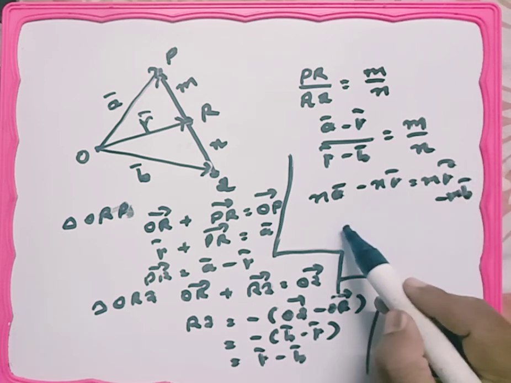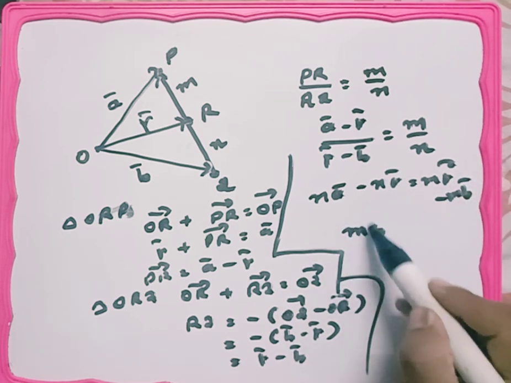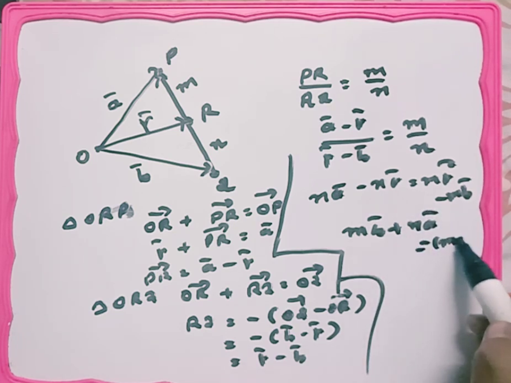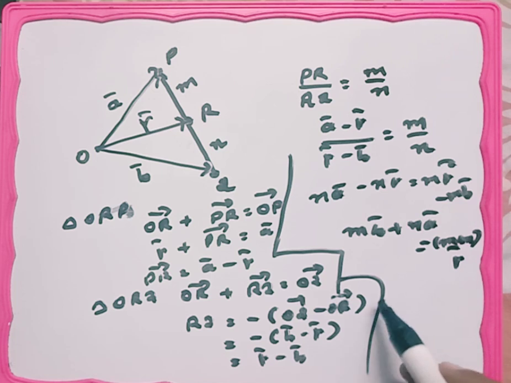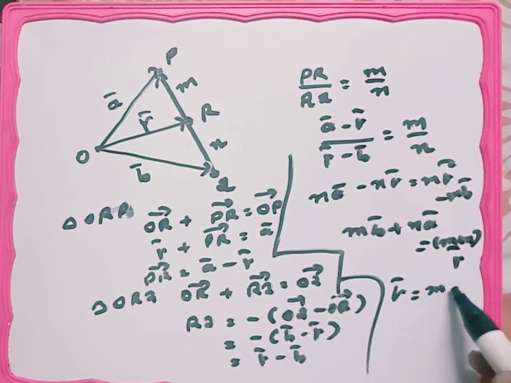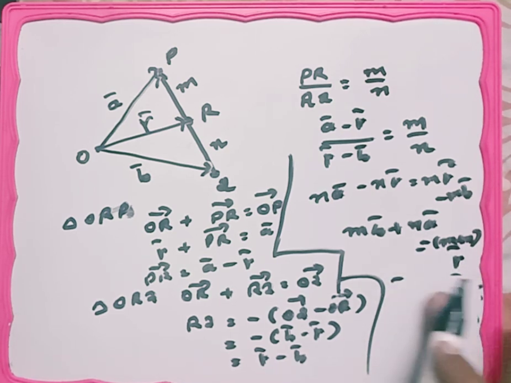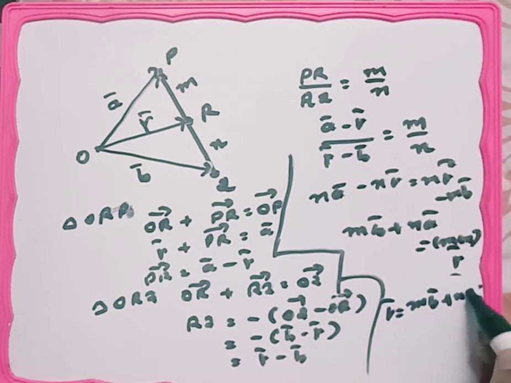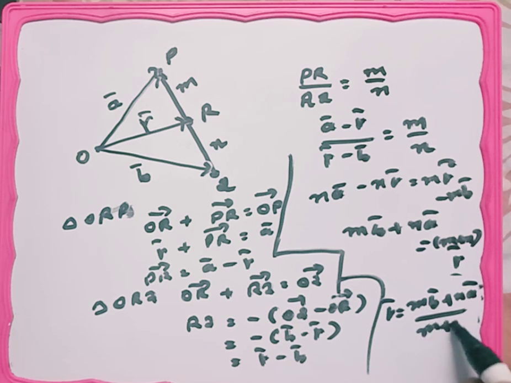So m b bar we take to the other side, then it will be m b bar plus n a bar equals m plus n r bar, and so the section formula we have r bar equals m b bar plus n a bar by m plus n.